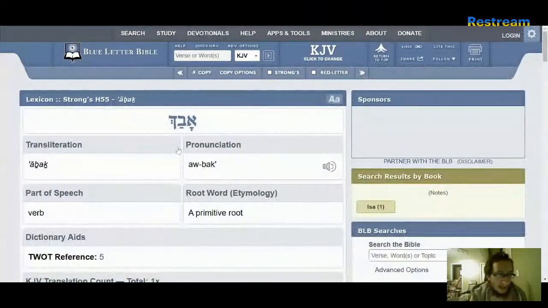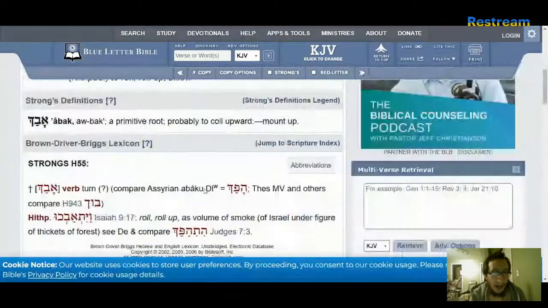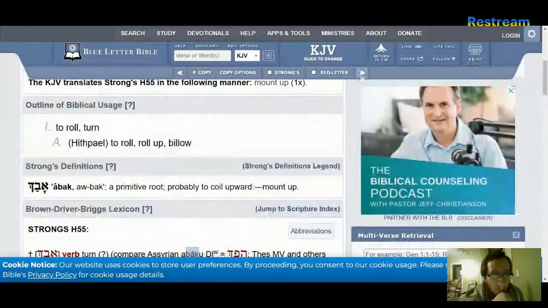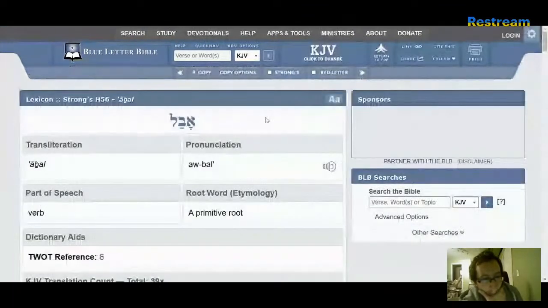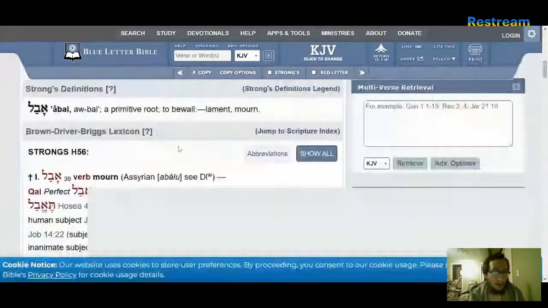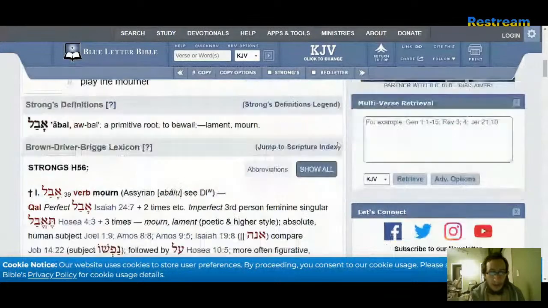Okay, abak is to roll or turn. The Akkadian has abaku. That's what we covered already. Okay, so abal, mourn or lament, but it can also mean to dry, like we said.